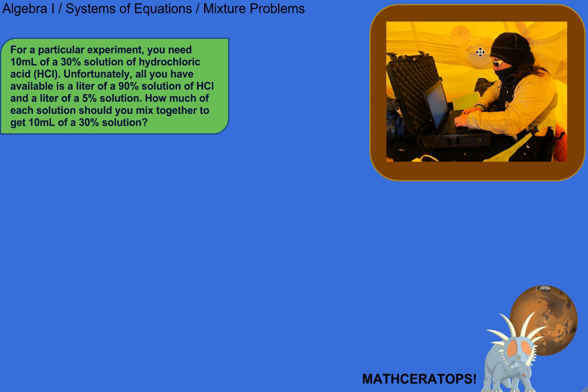What you have available is a 90% solution, meaning 90% of the liquid is hydrochloric acid, pretty strong, and then a liter of a 5% solution, a pretty weak solution, and you need to figure out a way to mix these in the right way so that you've got 10 milliliters of a 30% solution, where 30% of it is the hydrochloric acid.